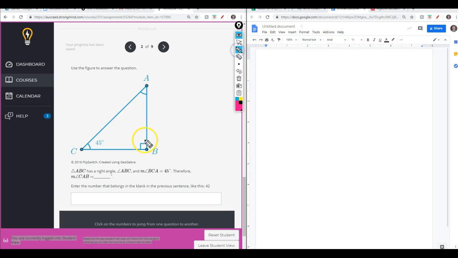So if you have a right angle right here, we know that right angles are 90 degrees. We know that all of these angles, A, B, and C, are adding up to 180 degrees. So we can actually set up a statement that says angle A plus angle B plus angle C equals 180 degrees.